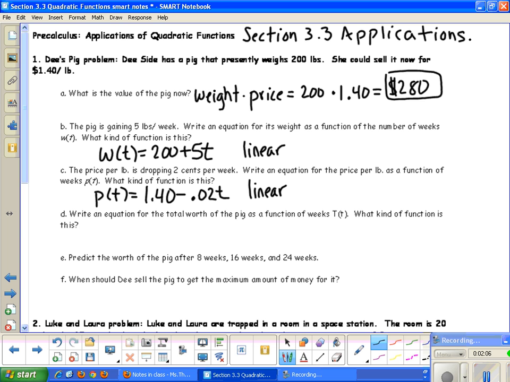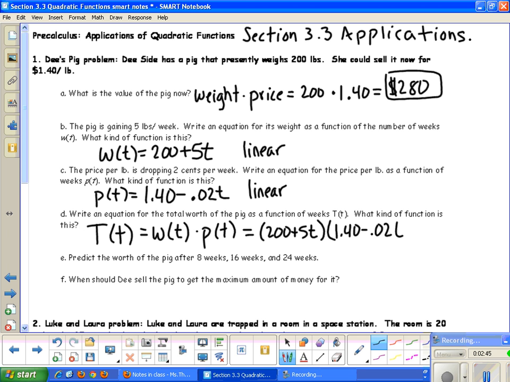For D, it says write an equation for the total worth of the pig as a function of weeks, T of t. What kind of function is this? So for the total worth of the pig, think about what we need. You need to figure out the price times however much it weighs. We just came up with the two equations for that. So the total worth is the weight of the pig times the price of the pig. In this case, we have the weight, which is 200 plus 5t, times P of t, which is 1.40 minus 0.02t.